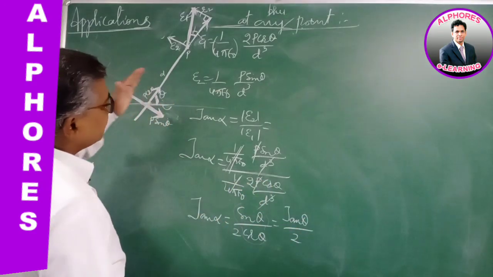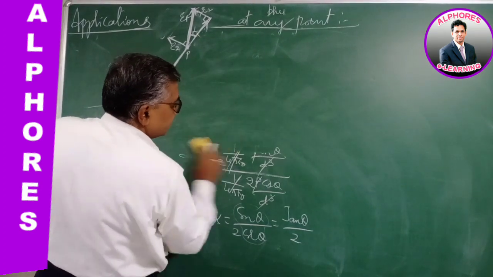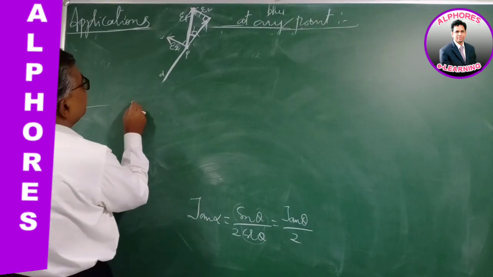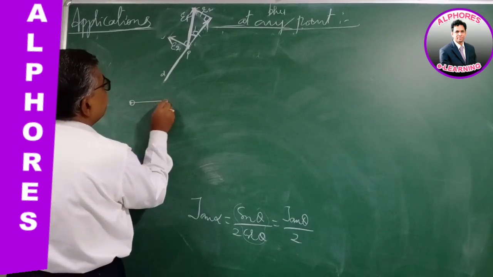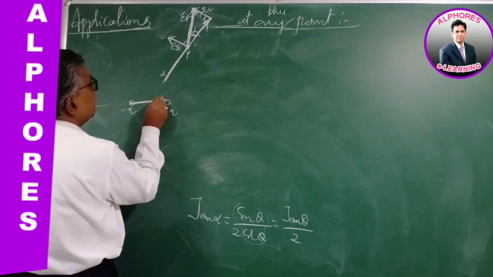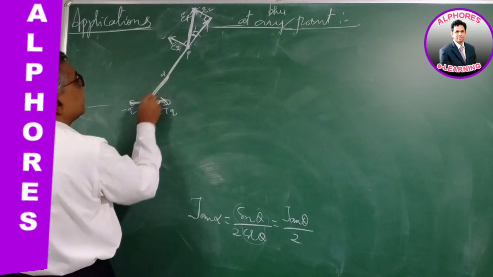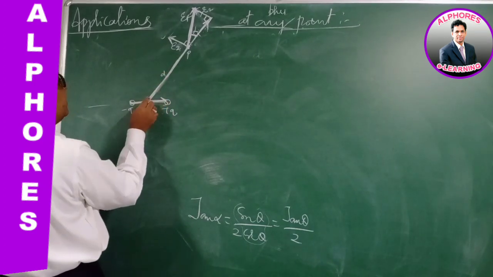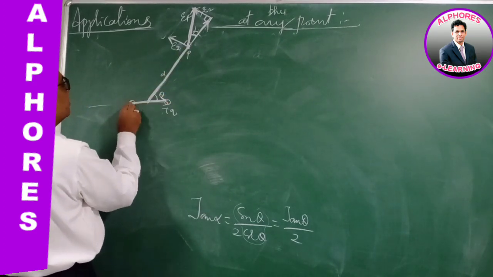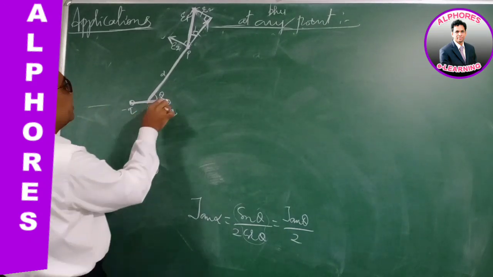So putting this in the actual figure, our actual dipole was this, minus q, plus q, and this is the dipole moment P. This is the midpoint of the dipole, and this is the radius vector, which was making an angle theta with the axial line of the dipole.